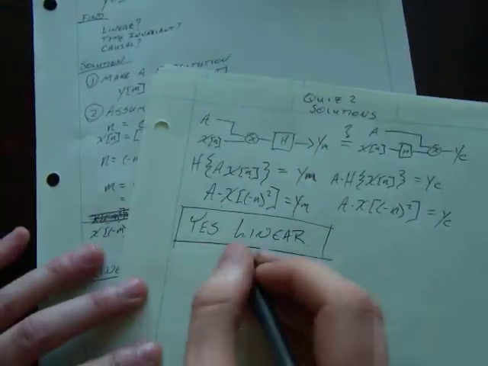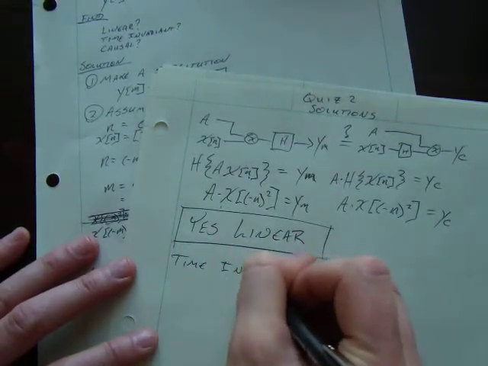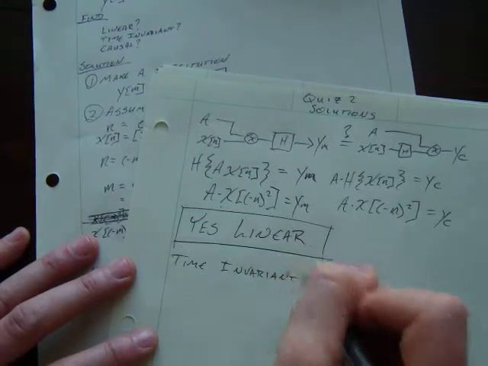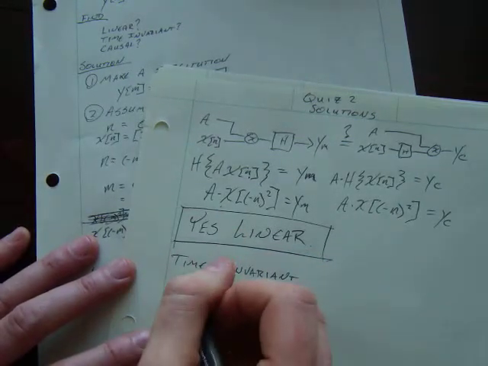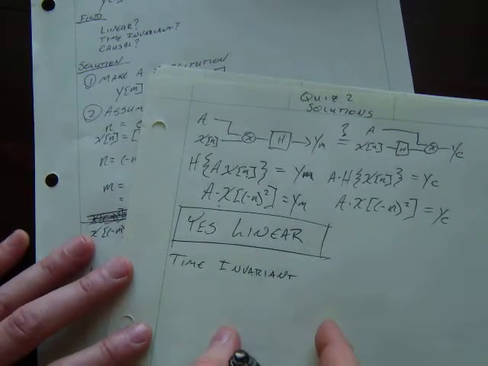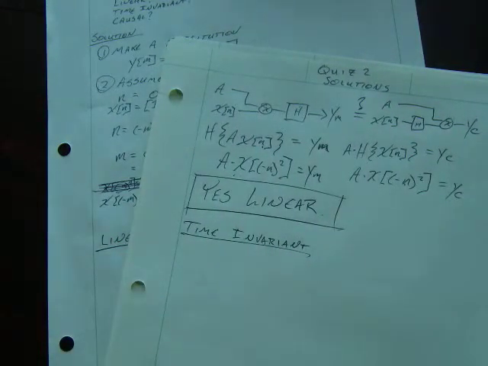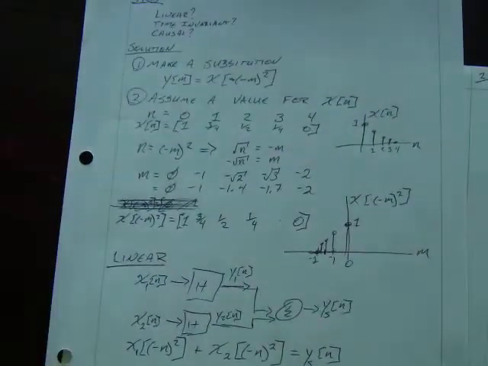Alright, now the second thing, time invariant. Time invariant means that we can shift this to any place in the timeline and it will still have the same output value. So if we do a time delay by 5 clock ticks, it would be the same as if we had it at time 0.